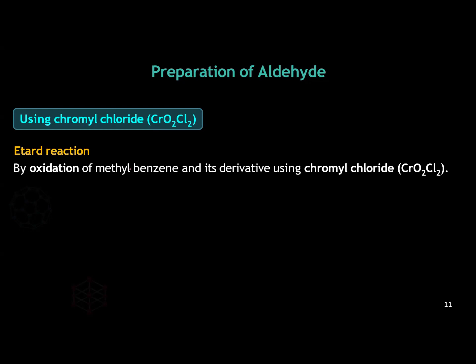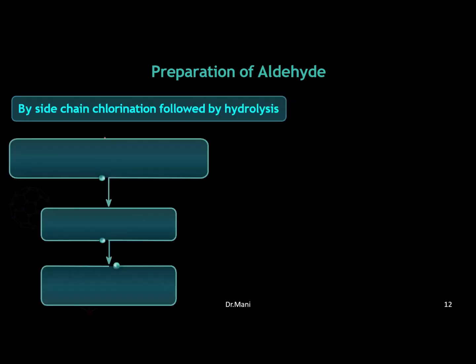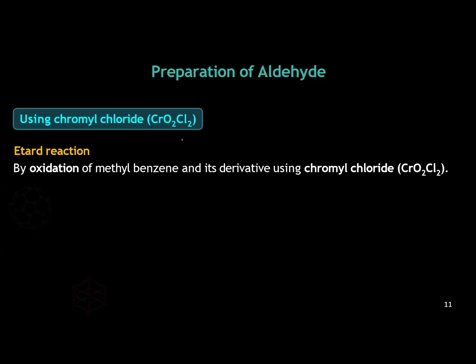So what is this Etard reaction? It is a method where you prepare aldehydes from methyl substituted aromatic compounds. What is the name of a methyl substituted aromatic compound? It's nothing but methyl benzene, which is toluene.